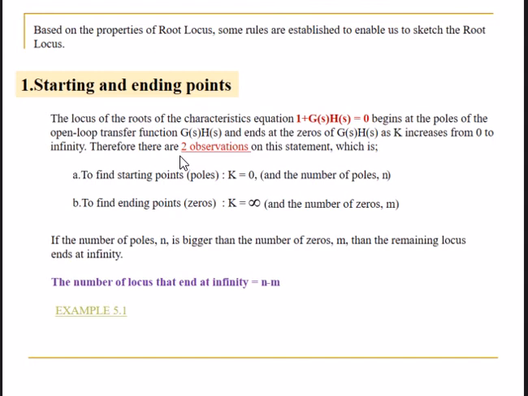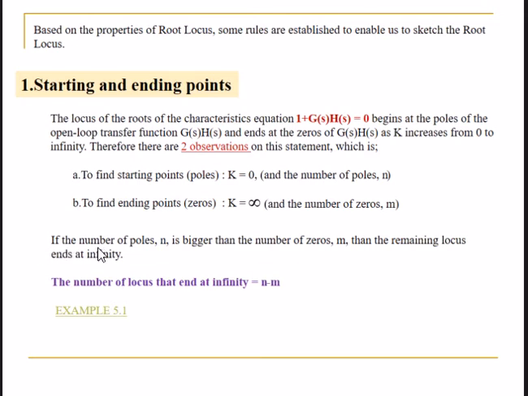Therefore, there are two observations on this statement. First, we need to find the starting point. So for the starting point, we look at the poles number, and to find the ending point, we look at the zero number.